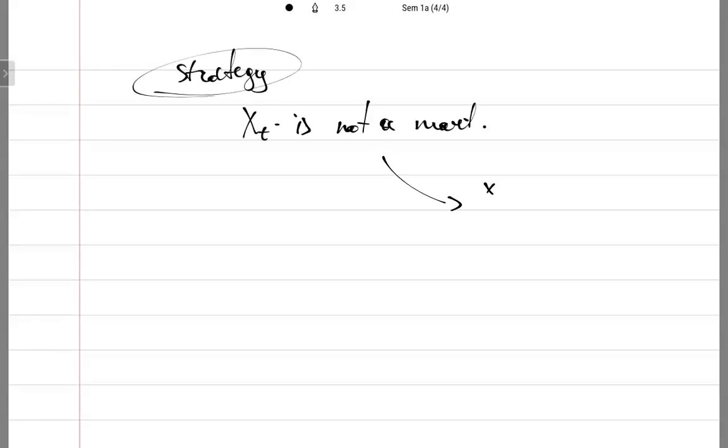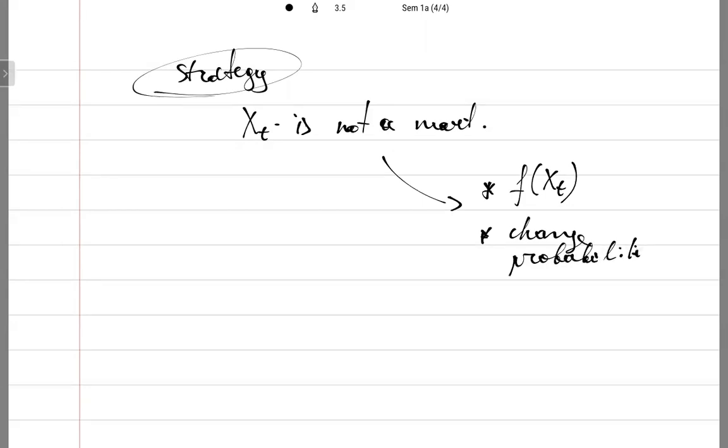You can transform. There are many things you can transform. You can take some f of XT, or you can change probabilities. So let's say ZT, to not confuse it.